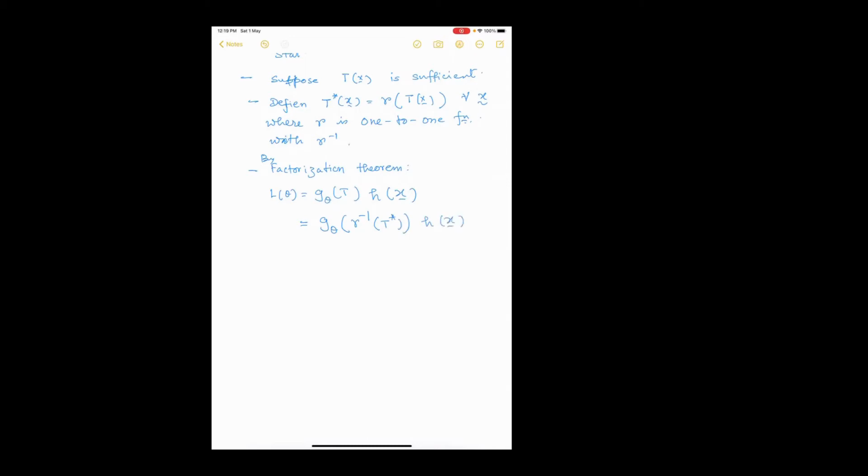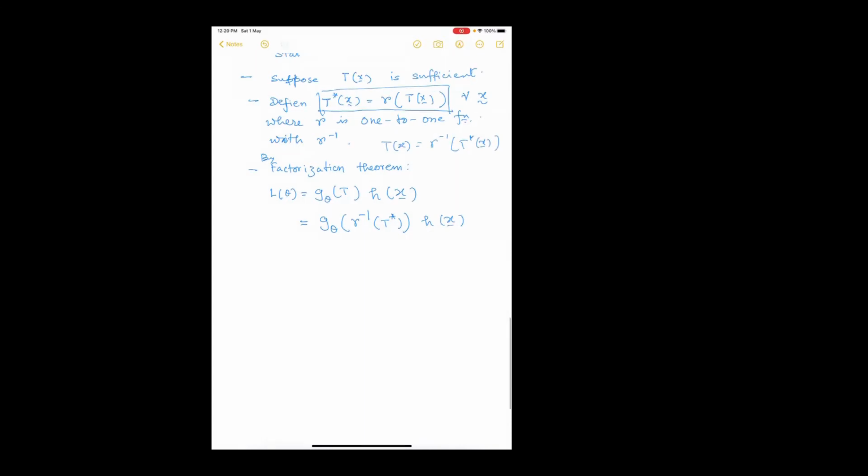Since T star of x is R of T(x), we know that, so I can write T(x) as R inverse of T star(x). I'm just using that.